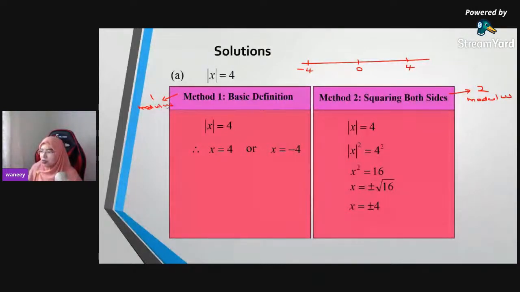Yifang asks, do we need to draw out the number line? Number line tu wajib tulis dot. But normally, those number line can help you a lot, because after this we're going to have inequalities, right? If you don't have your number line, sometimes you don't know whether we need to write less than, greater than, or greater than or equal.